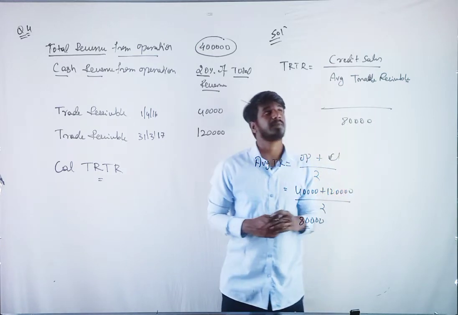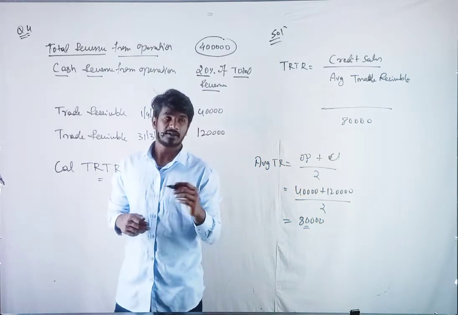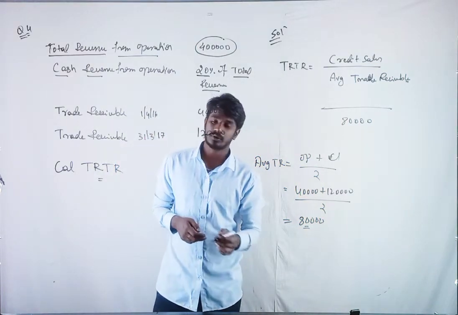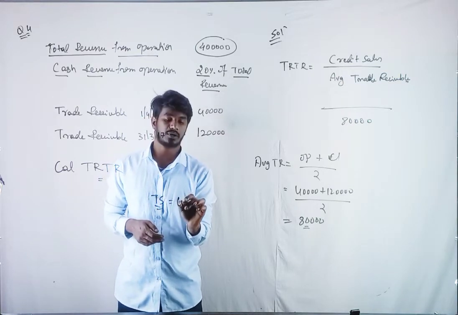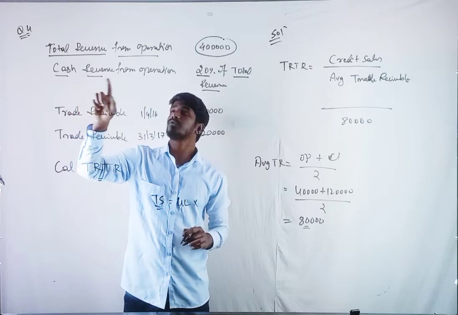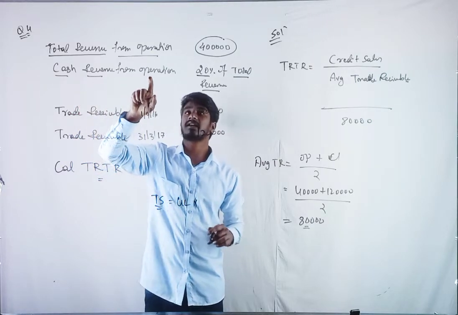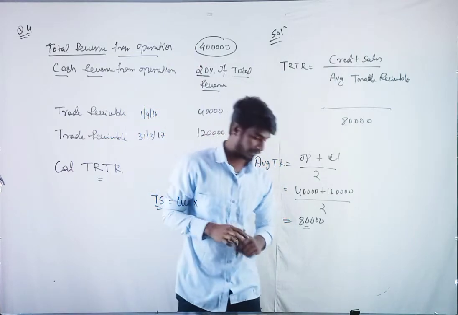80,000 is the average trade receivable. Okay, how much is the credit sales? From total sales, whatever they have given, total sales is 4 lakh, minus cash revenue from operation, 20% of 4 lakh.